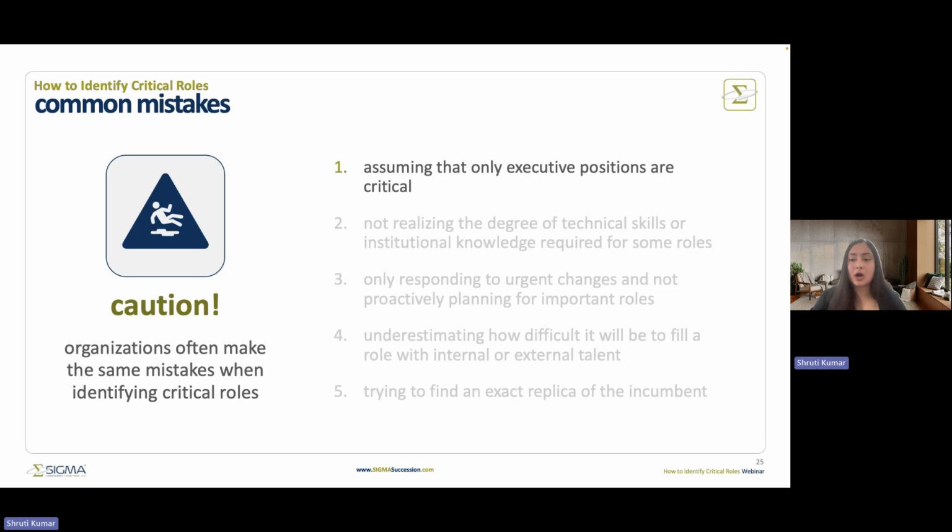So it's entirely possible that even with starting with a broad list, once you've evaluated each of the criteria, perhaps you end up with only those executive roles. However, I want to emphasize that the difference here is that you're making an informed decision rather than basing your succession plan on an assumption.